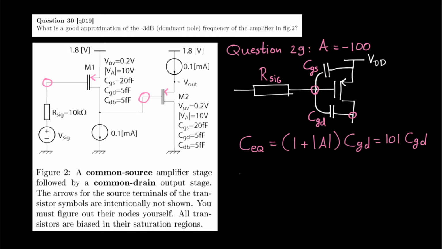If we now want to find the full capacitance in this node, that will be equal to C equivalent plus CGS, which is 101 times CGD plus CGS. That is equal to 525 femtofarads.